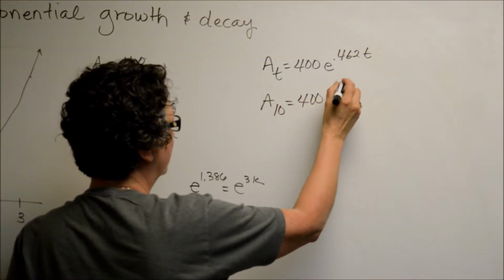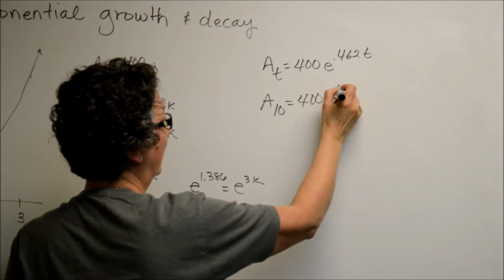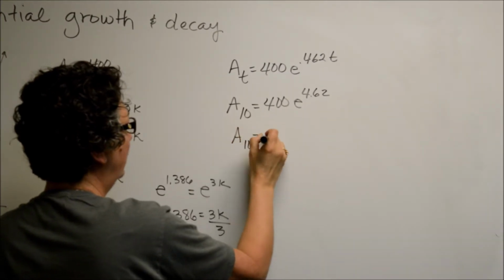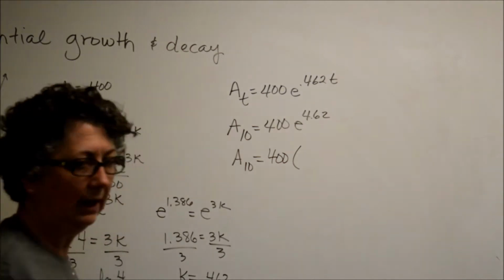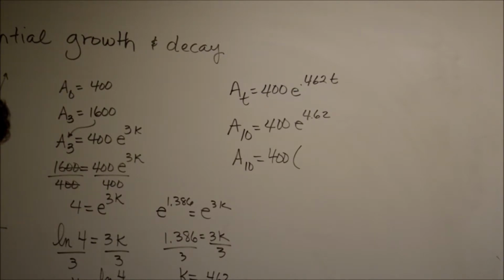In 10 years, if I multiply that 0.462 by 10, I get 4.62. So in 10 years, I'm going to have, go ahead and write that, e to the 4.62 power. Remember, e is that special number, there it is. I need 4.62.